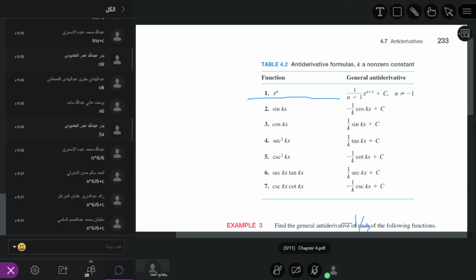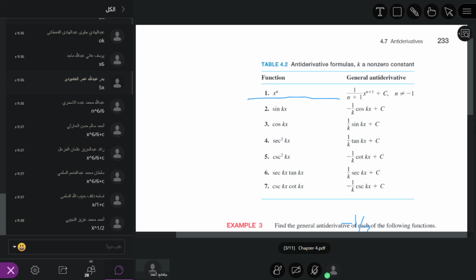So we add 1 in the power and divide. Minus half plus 1, how much? Yes. So divided by the same, it means divided by 1 over 2.